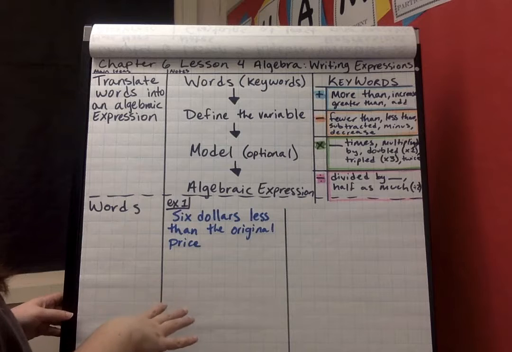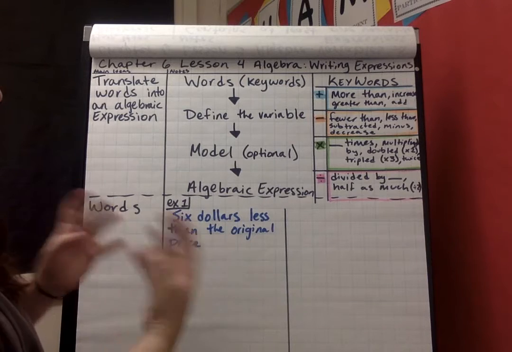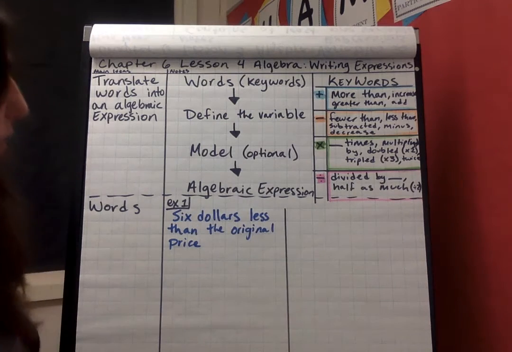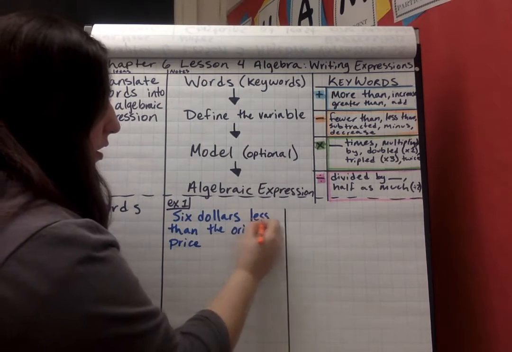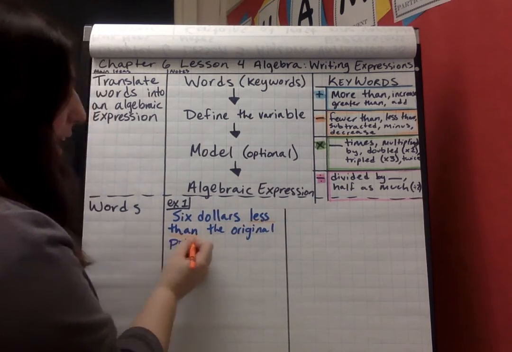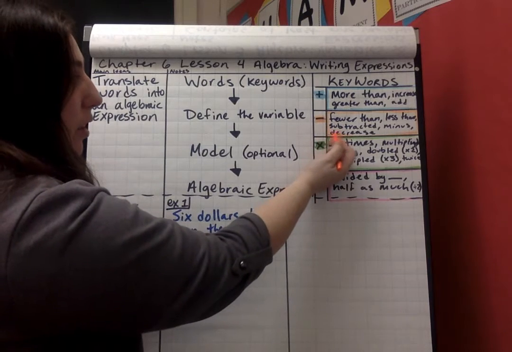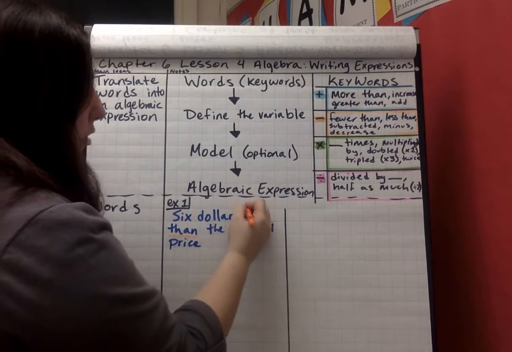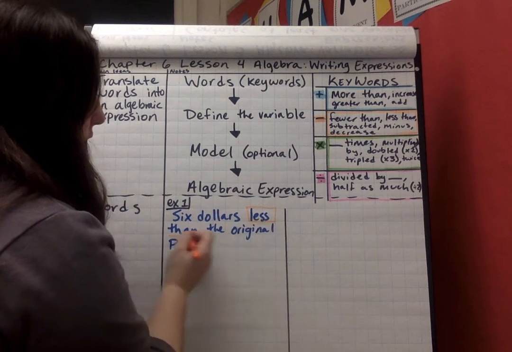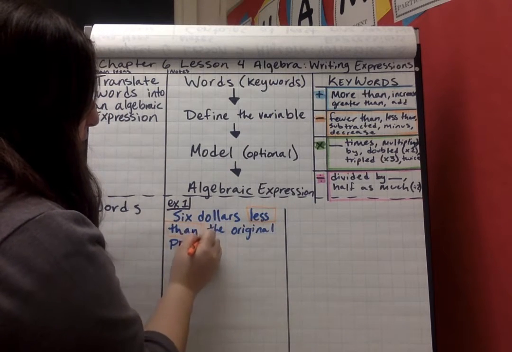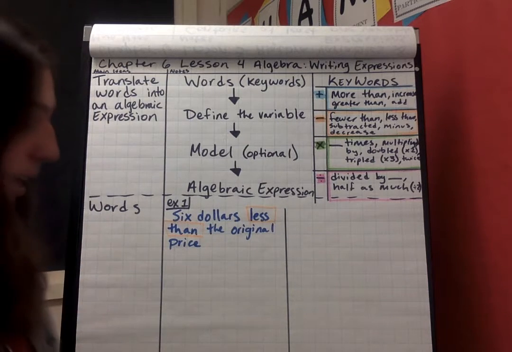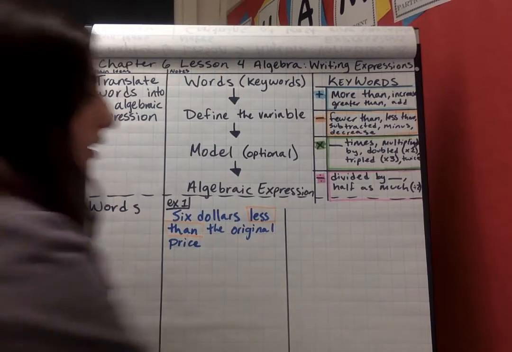So right away, I see words that kind of stand out to me, and I see some key words. Okay, first I see less than. I remember this less than is from our keyword list in the subtraction section. Okay, so I'm just going to highlight that using the same color that I used for subtraction. Okay, so less than.